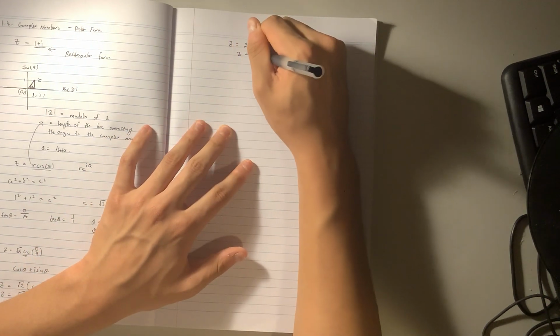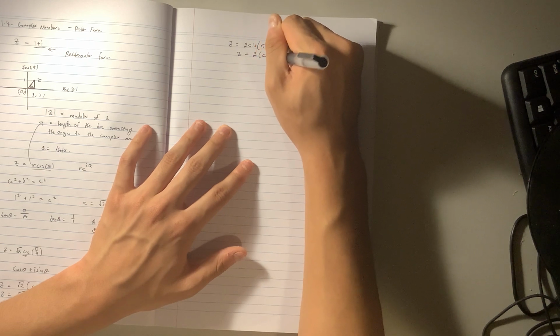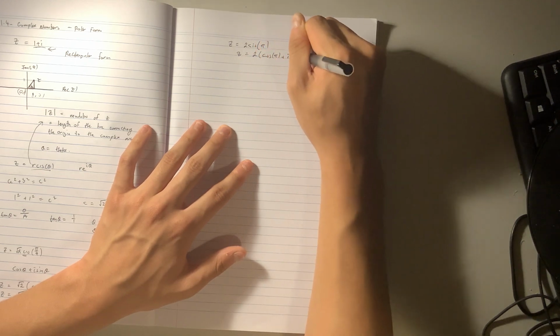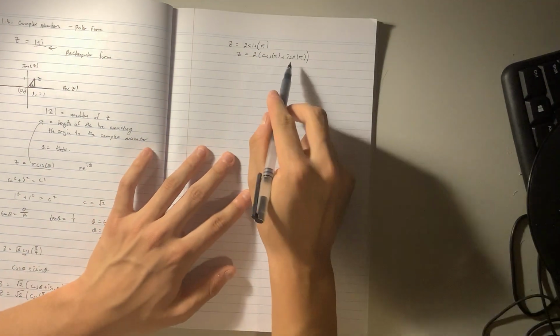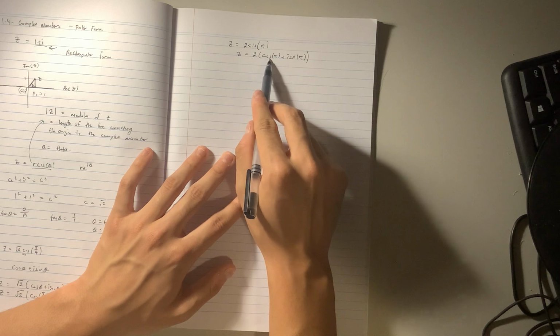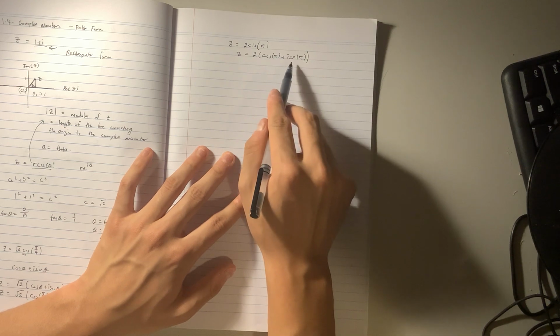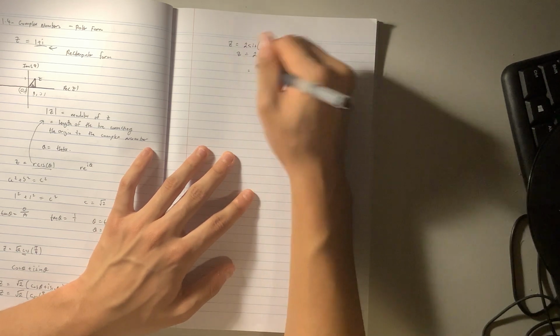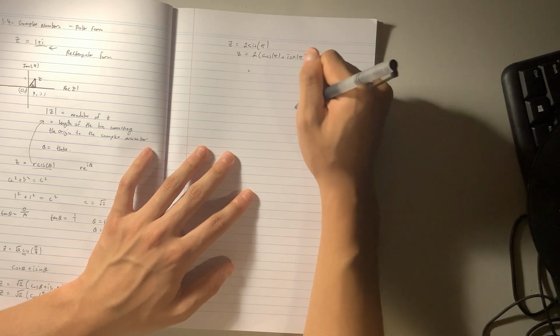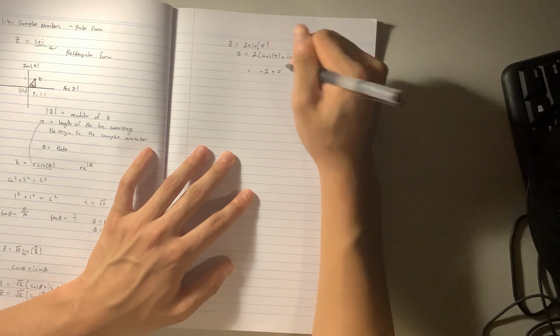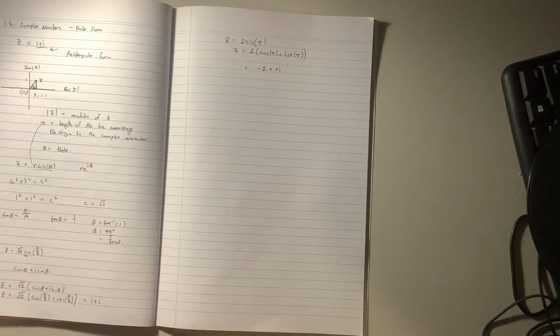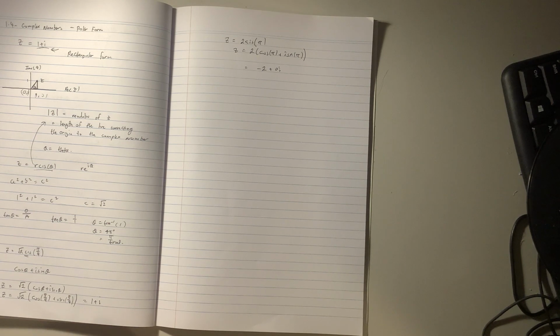So z equals 2 times cos of pi plus i sine of pi. If you're not familiar with the values of cos of pi, you can use your graphics calculator. In this case, cos of pi is -1 and sine of pi is 0. So this gives us -2 plus 0i, but you don't need to write the 0i, it's just -2. That's an example of converting from polar form back to rectangular form.